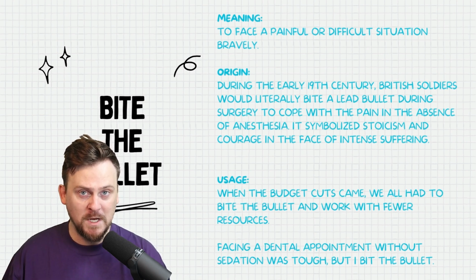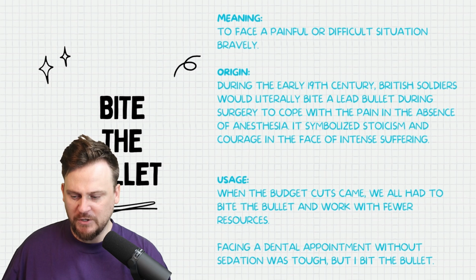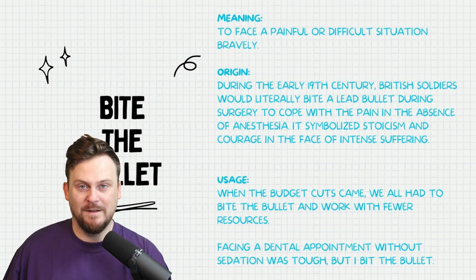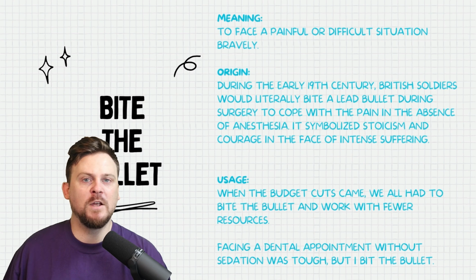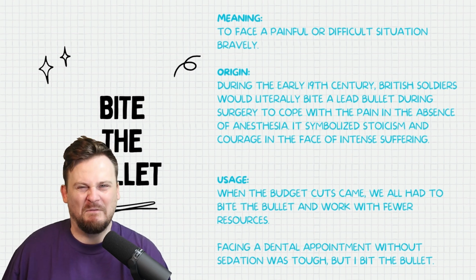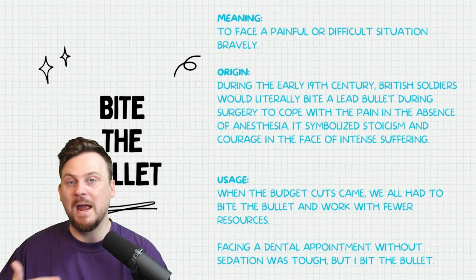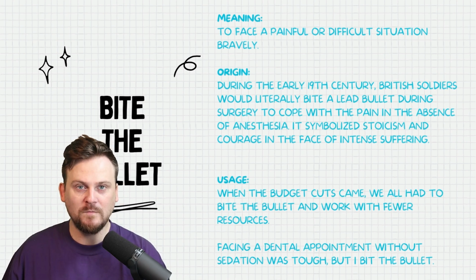So, generally speaking, if you got shot in the leg or something, or got shot in the arm, you would be at risk of something called gangrene, where it would get infected and become gross. And so, a lot of them had to have that leg or that arm amputated, cut off.